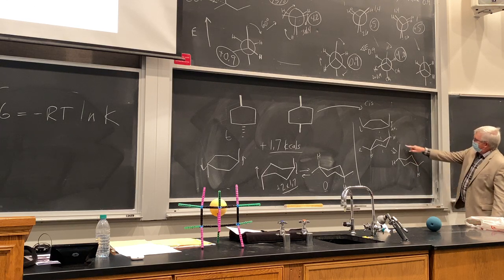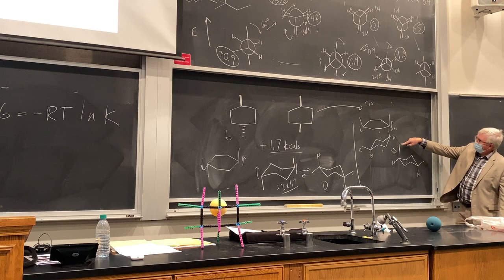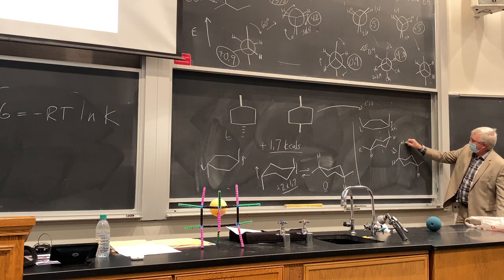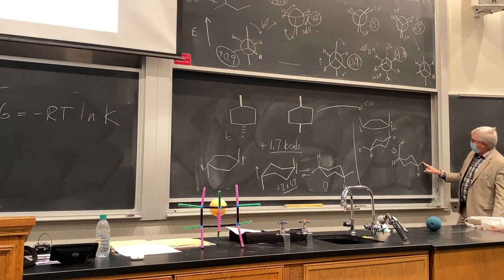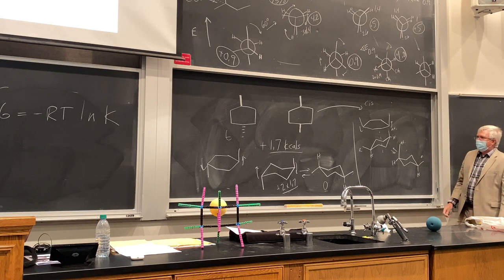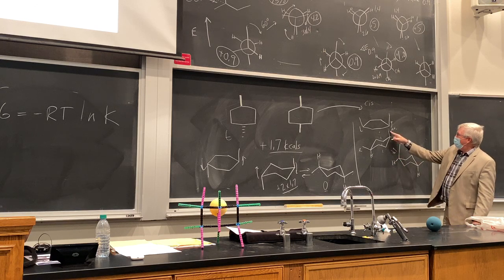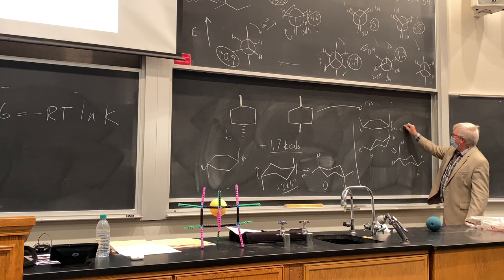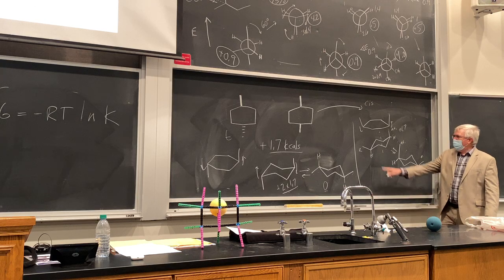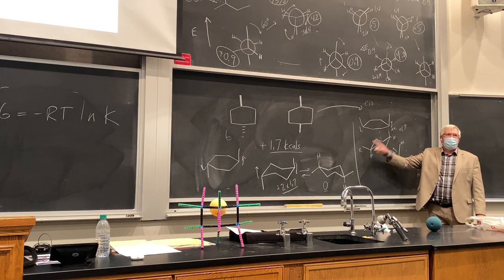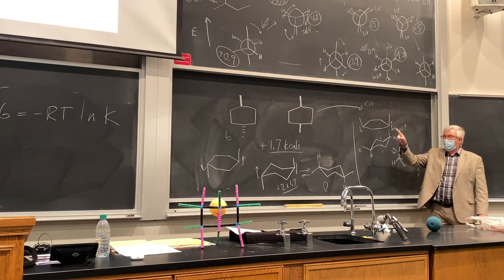that one. Let's see, if this one was equatorial to begin with, now it's axial. And if this one was axial, now it's what, equatorial. What are the energy differences here? Axial is plus 1.7, right? You don't need to worry about the A value if it's equatorial, only if it's axial, use the A value.